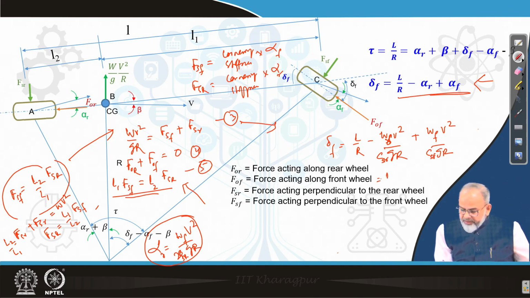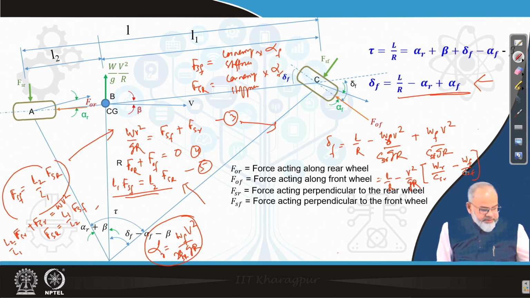Now, if I take L by R minus B square by G R common, then what I get is W_R by C_SR minus W_F by C_SF.